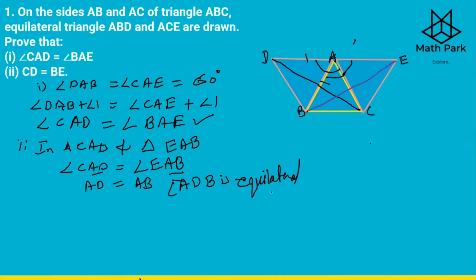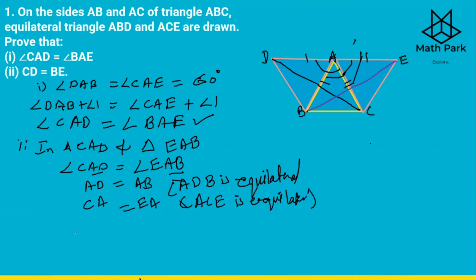Correct? Now the next, when you look at, see here, AC. So CA is equal to EA. Correct? So you have CA is equal to EA. Why? Because ACE is an equilateral triangle. Correct?